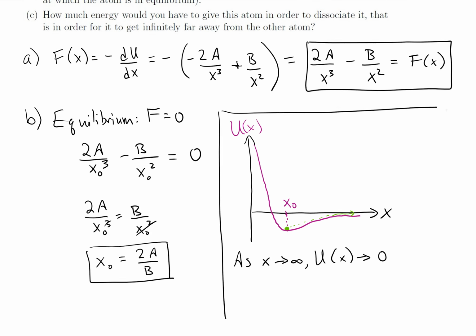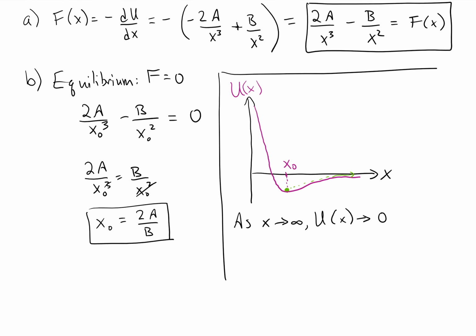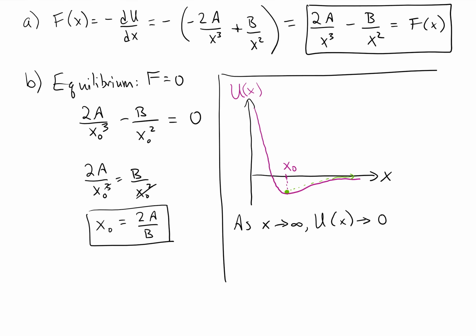So we can set up sort of an initial final energy conservation situation where, let's say our initial situation is the atom sitting here at equilibrium at x naught, and our final situation is way over here at x approaching infinity.